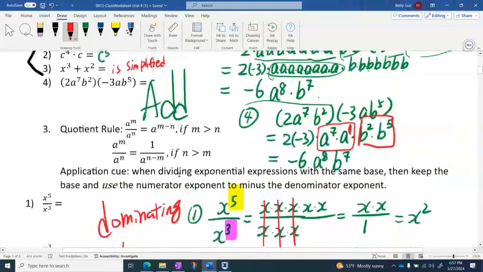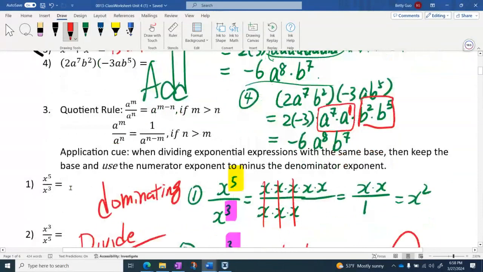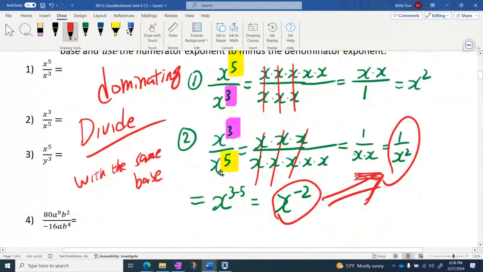The formula is right here. The name of the rule is called the quotient rule. When do we apply it? When we divide. Divide what? Divide two exponential expressions with the same base. How do we apply it? We keep the base and use one exponent minus another exponent.